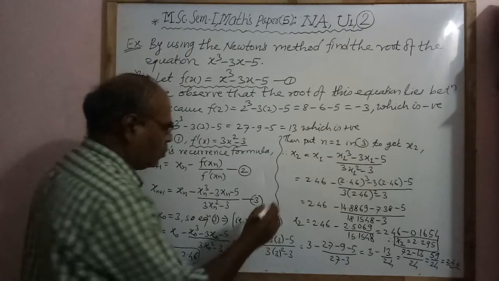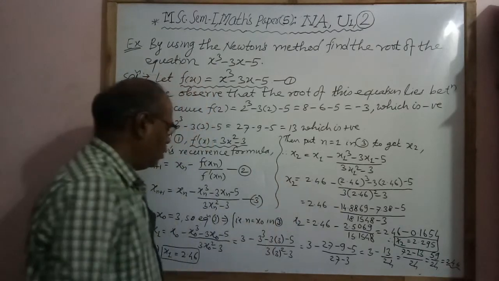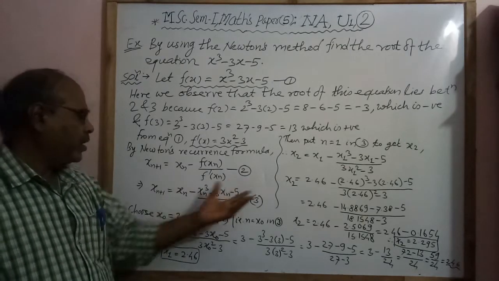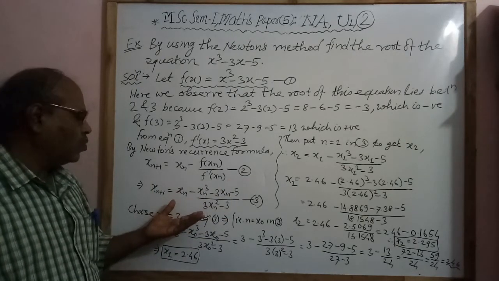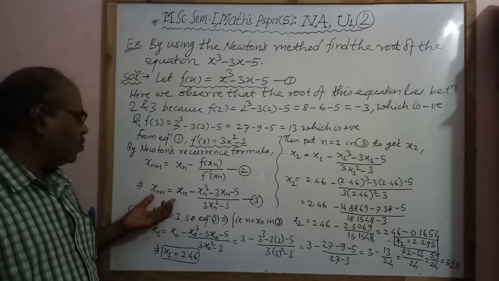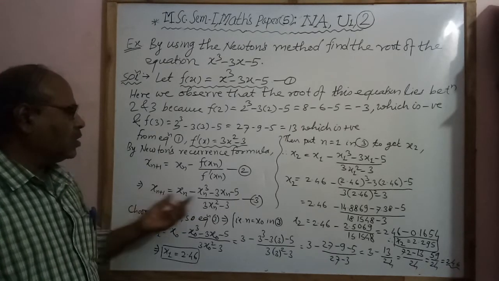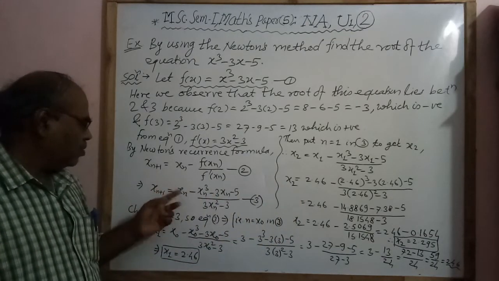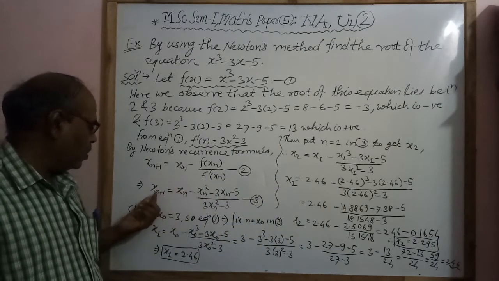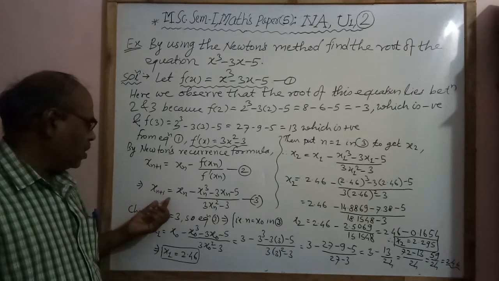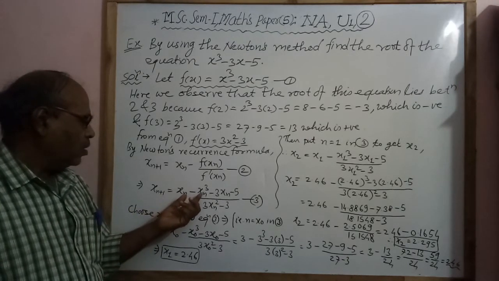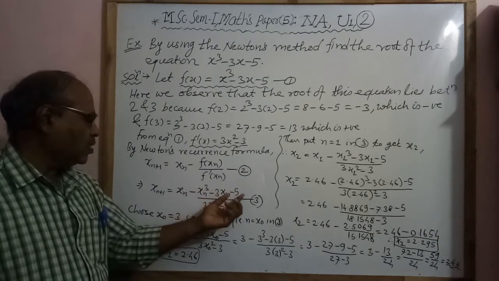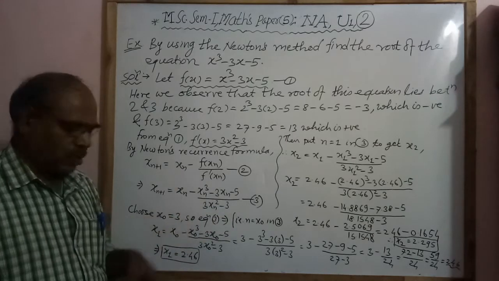Similarly, to find the next value, from the general formula, equation 3, we put n equal to 2. If we put n equal to 2, we have 2 plus 1, 3. Here we found x1, x2, then x3. Therefore, x3 equal to x2 minus x2 cube minus 3 into x2 minus 5 divided by 3 x2 square minus 3.